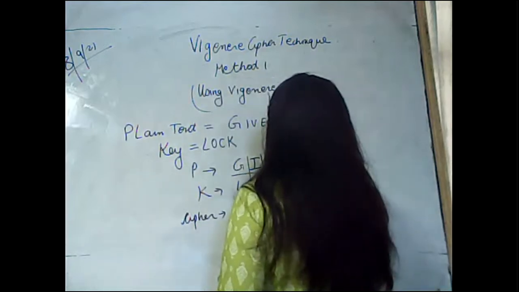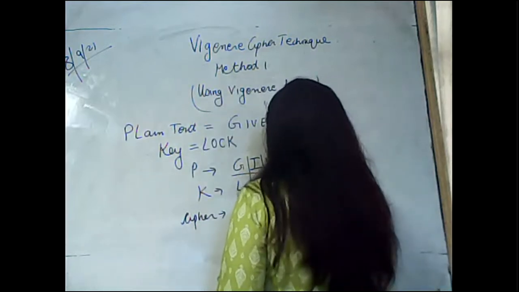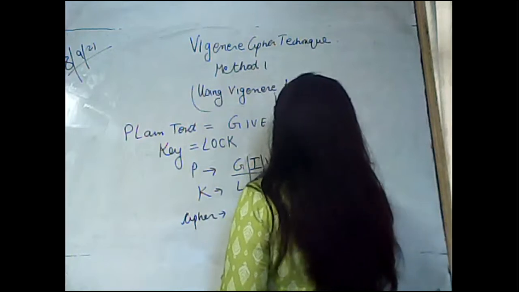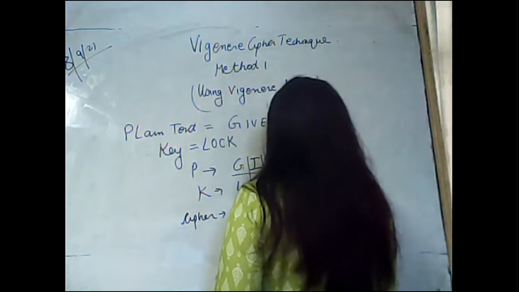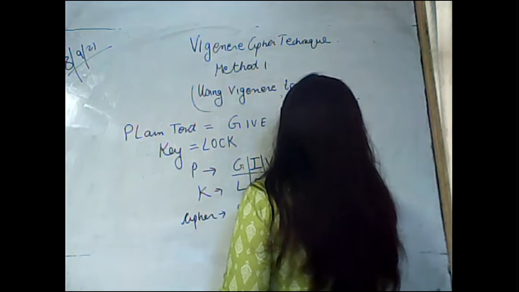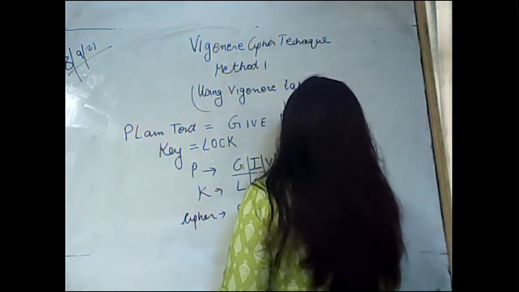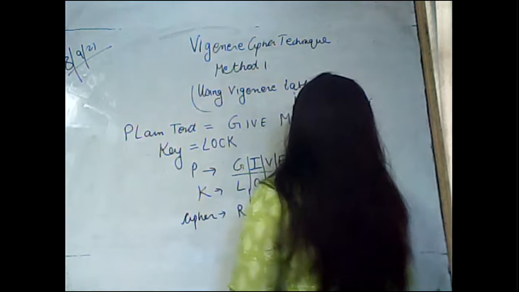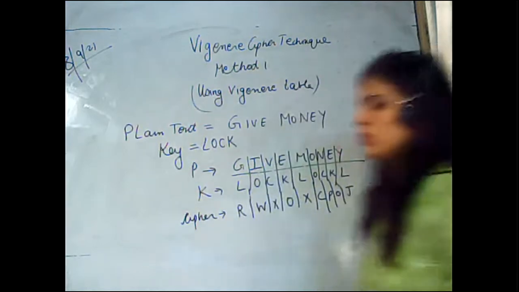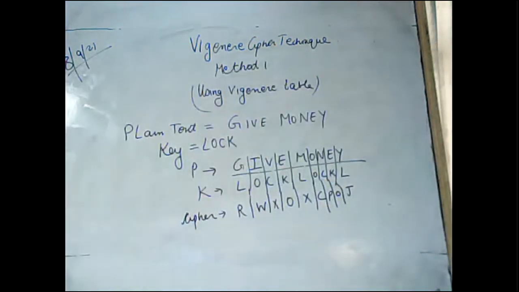That is R, W, X, O, X, C, P, O, and in the last we have J. Okay, so this is your ciphertext. This is the ciphertext that is available to you.